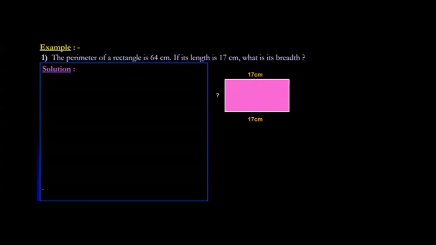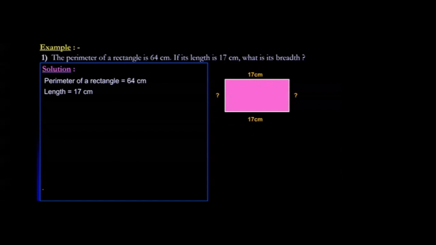And breadth is not given, children. The breadth is not given, and the other thing that is given in the question is the perimeter. So first, while starting the solution of the sum, we have to write the given details in the question. So the given things are the perimeter of a rectangle and the length of the rectangle.